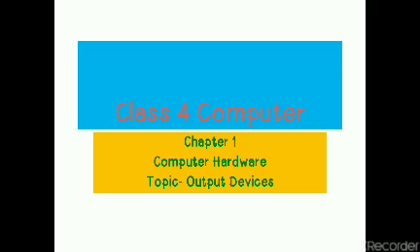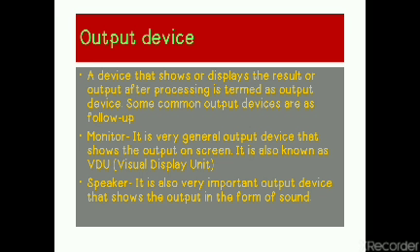Chapter 1, computer hardware, output devices. An output device is a device that shows or displays the result or output after processing. Some common output devices are: the monitor, a computer screen that shows results in the form of text, pictures, videos, or animations.